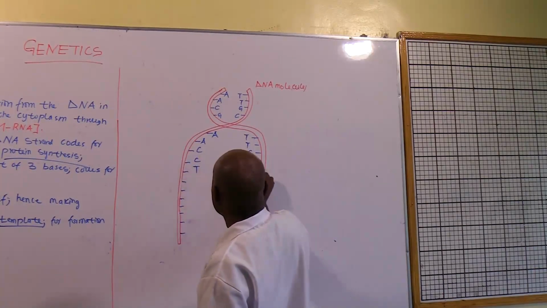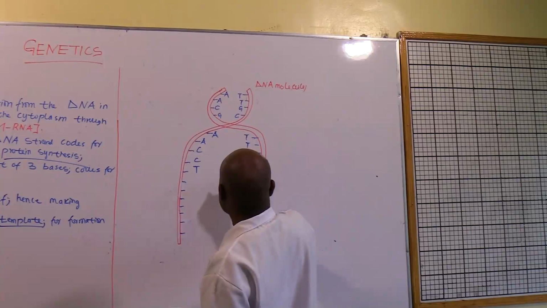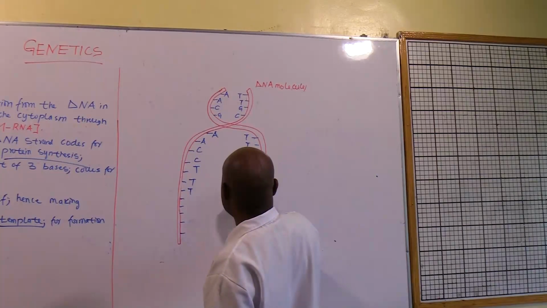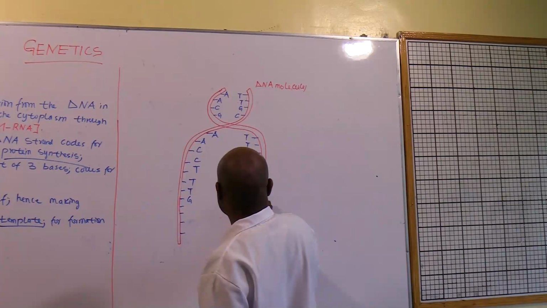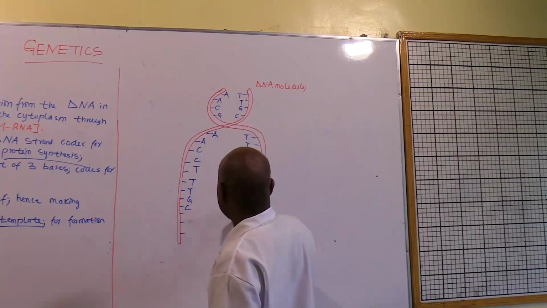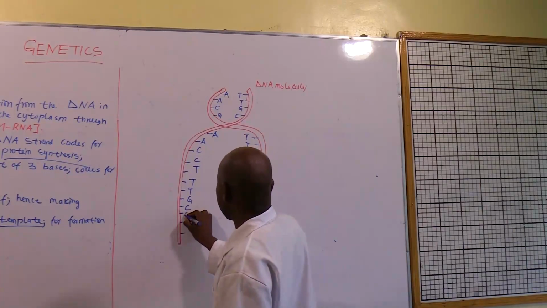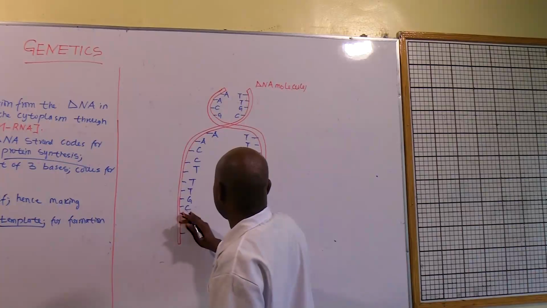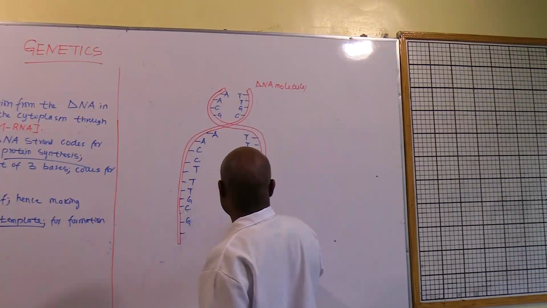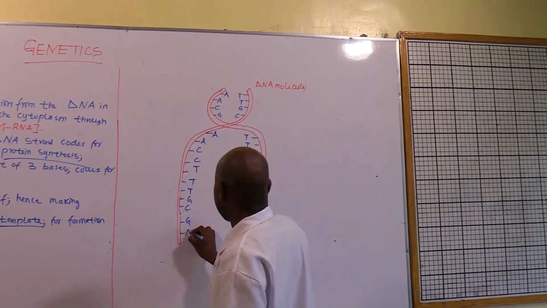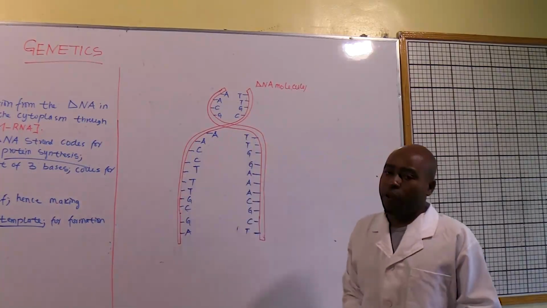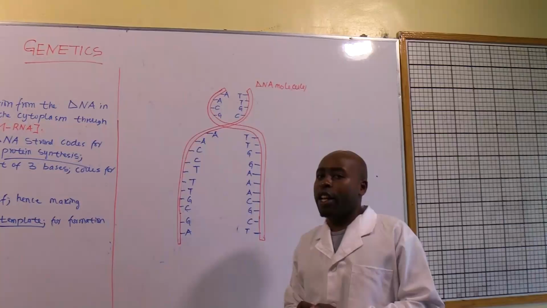Because you have thymine here, here we have adenine. In that kind of sequence, cytosine, here we have guanine. In case here we have guanine, on this other side we have cytosine, adenine, thymine. These are some of the sets of nitrogenous bases within the DNA molecule.